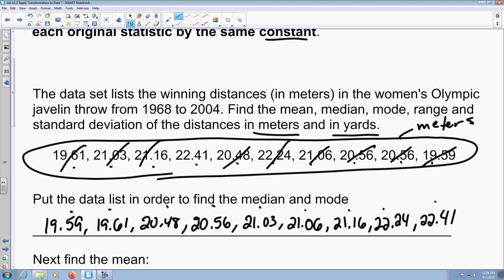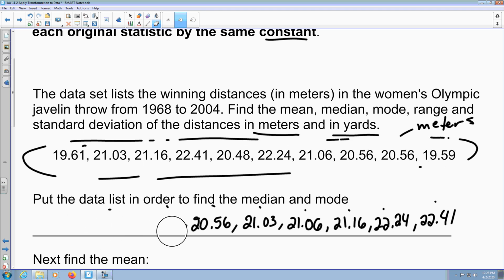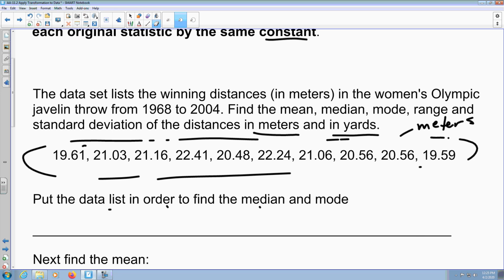I got 25.6, I got that one. 1, 2, 3, 4, 5, 6, 7, 8, 9, 10. All right, I apologize. I'm going to start over. I'm struggling here.